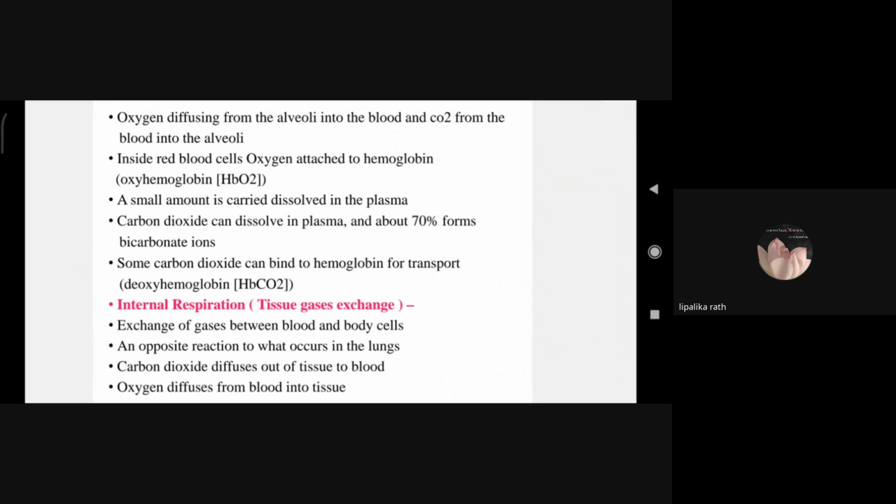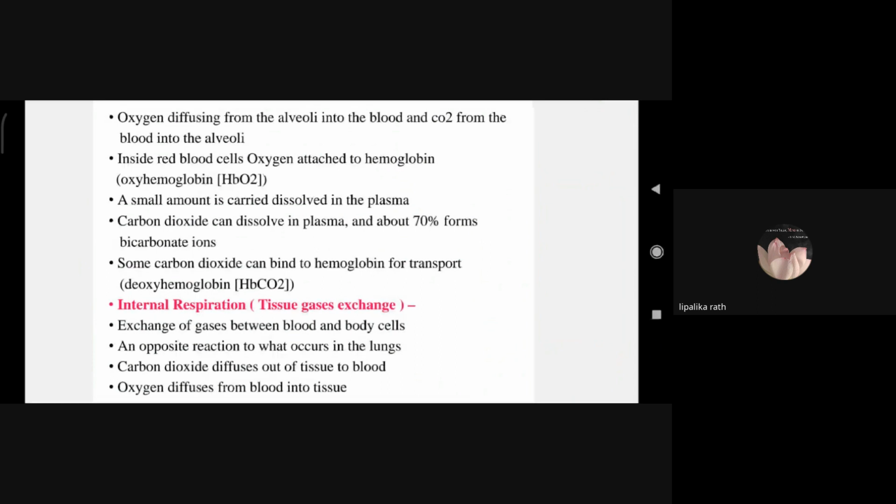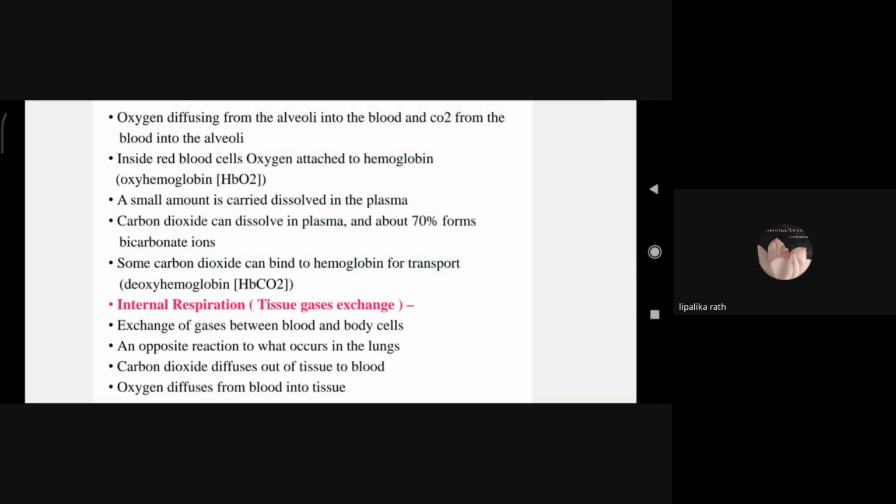Now, this is one important line where oxygen attaches in the red blood cell. So, oxygen gets attached to hemoglobin present in the red blood cell. A small amount, a very, very small amount, is carried dissolved in plasma.